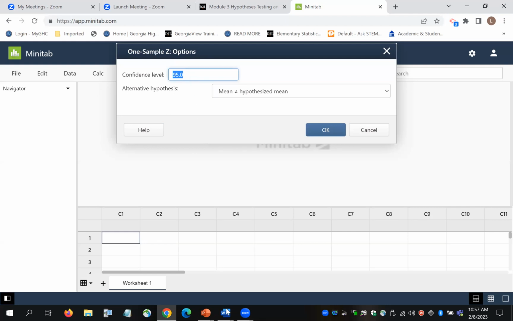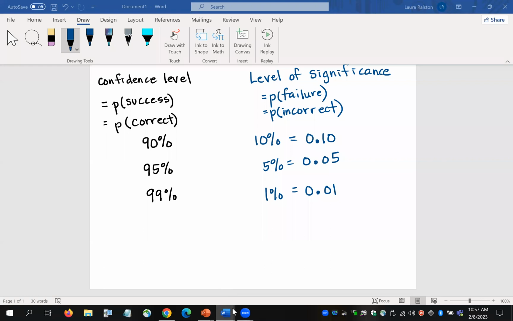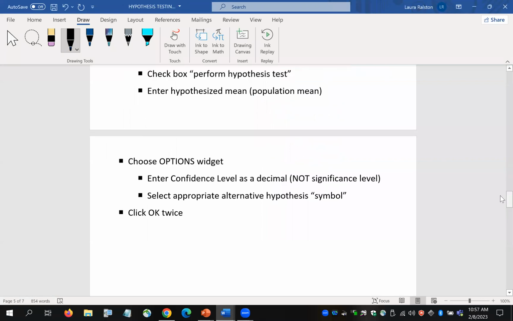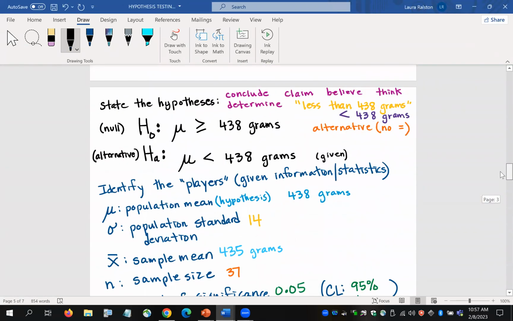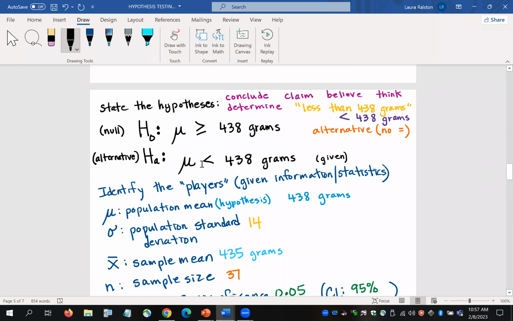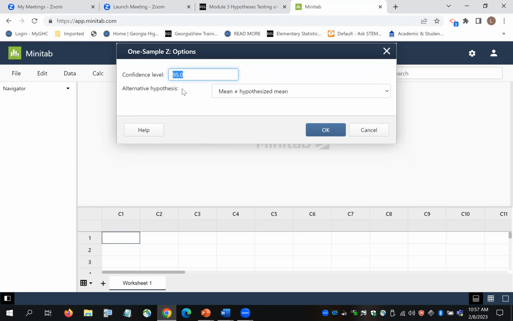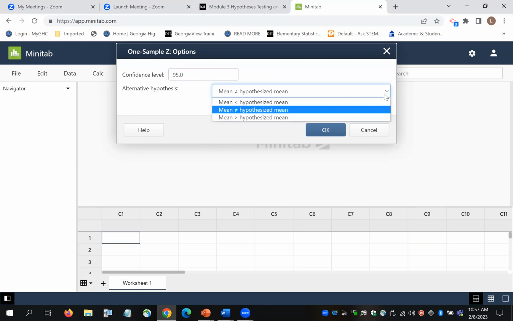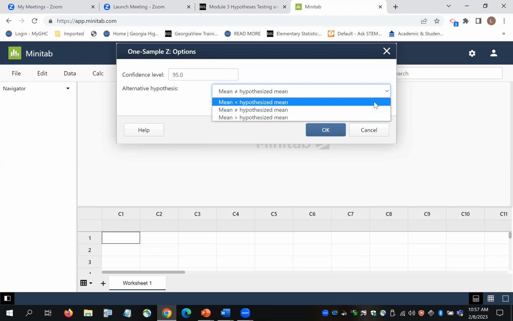Let's go back and double check. Remember that my alternative hypothesis was less than. So in this box next to alternative hypothesis, I click on the drop-down arrow and I need to choose the less than symbol, because that is the symbol that is in the hypothesis for the problem.